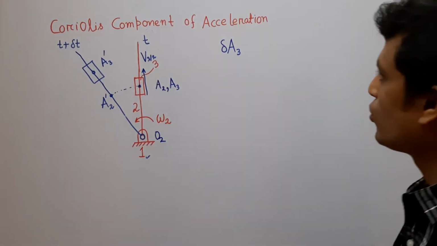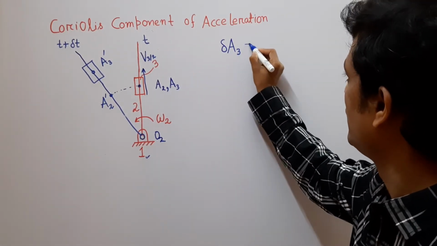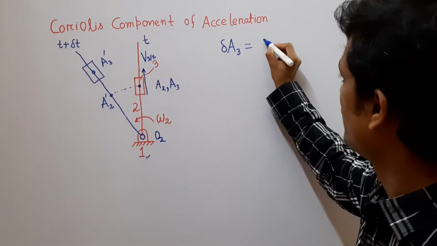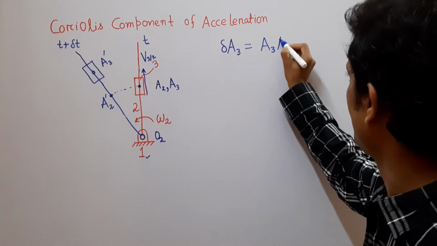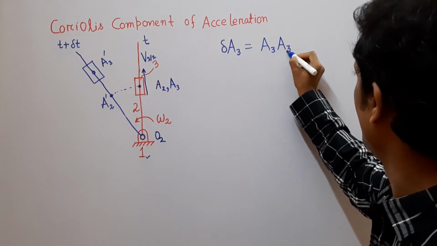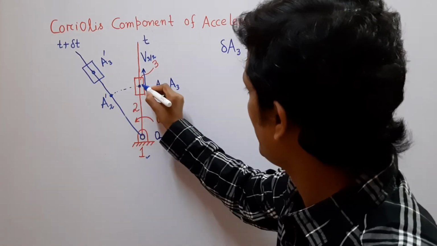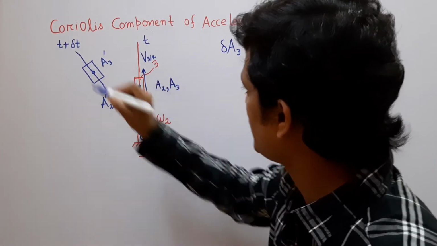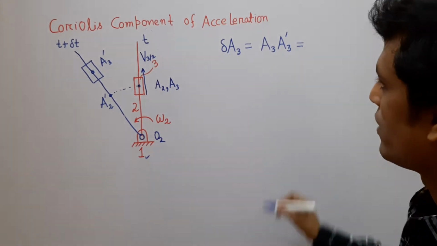So what is the total displacement of point A3, that is delta A3? What is the value? That is nothing but A3 to A3 prime. So the shift movement of point A3 to A3 prime we can divide into two parts.